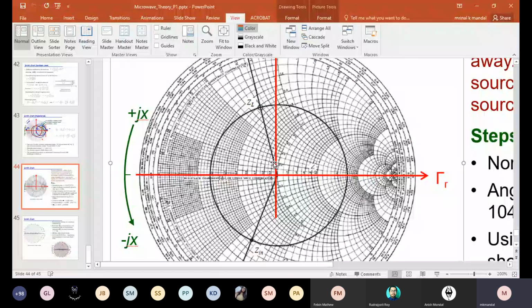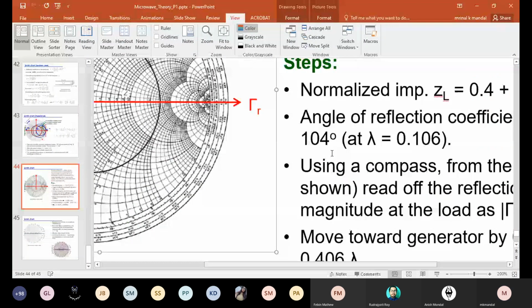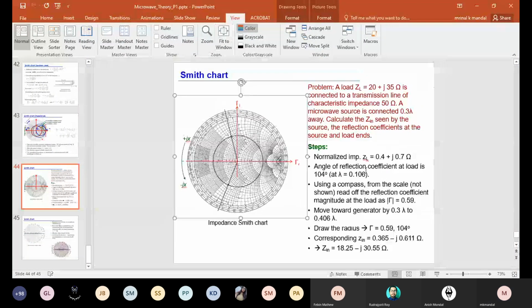These values come to 0.59, which is the magnitude, and the angle is 140 degrees.